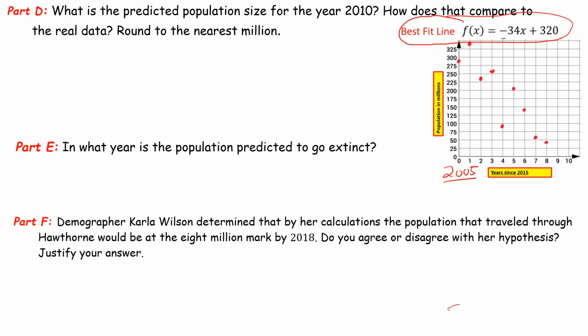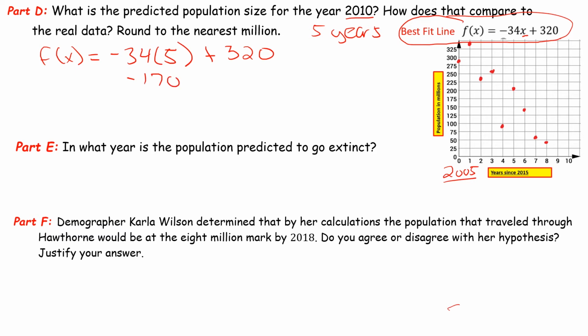All right, so 2010 would be 5 years later. And we're going to use the line of best fit to predict the population. So f of x is equal to negative 34x plus 320, and I'm going to plug in 5 for x. That's my years, my independent variable. All right, negative 34 times 5 is negative 170.